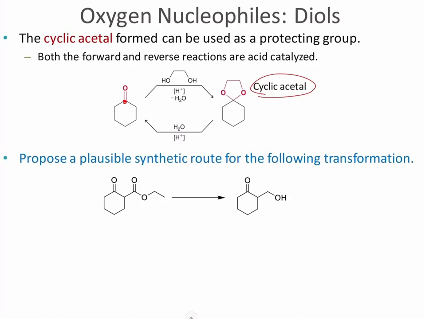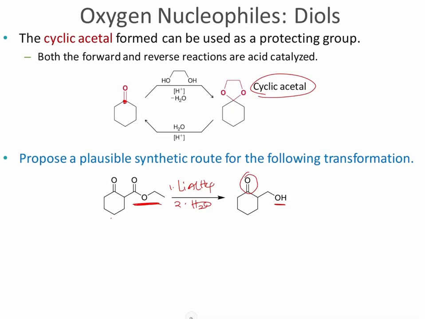Let us look at an example that we can use in this case. Assuming we wanted to do reduction, where we want only to reduce the ester group into an alcohol. So this would require lithium aluminum hydride. And then in the second step, we would need water. But if we do that, the problem is it's going to reduce this also to an alcohol.